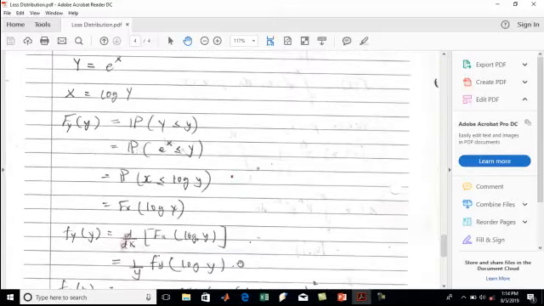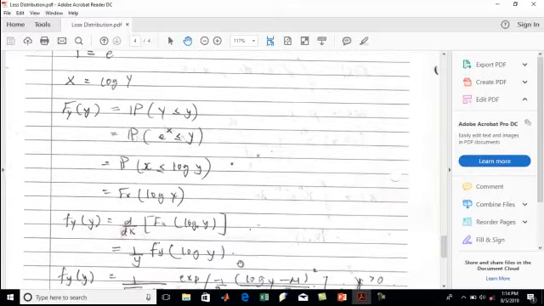Therefore the probability density function of y will be the derivative of the cumulative density function.